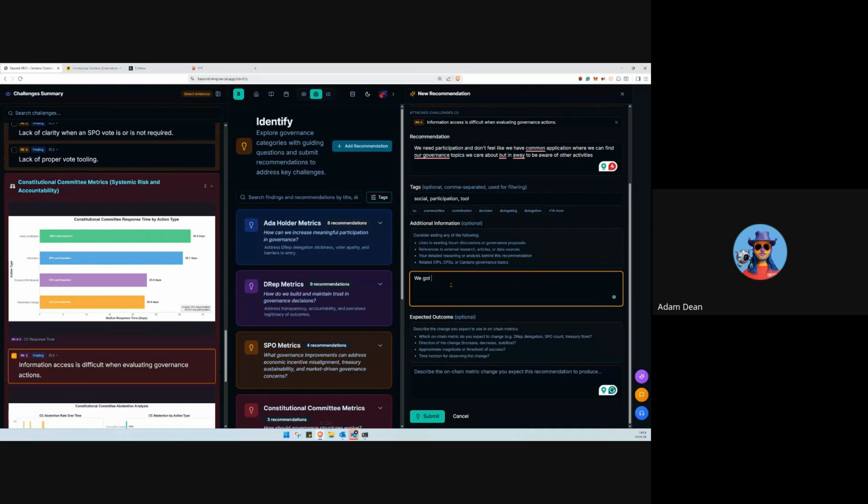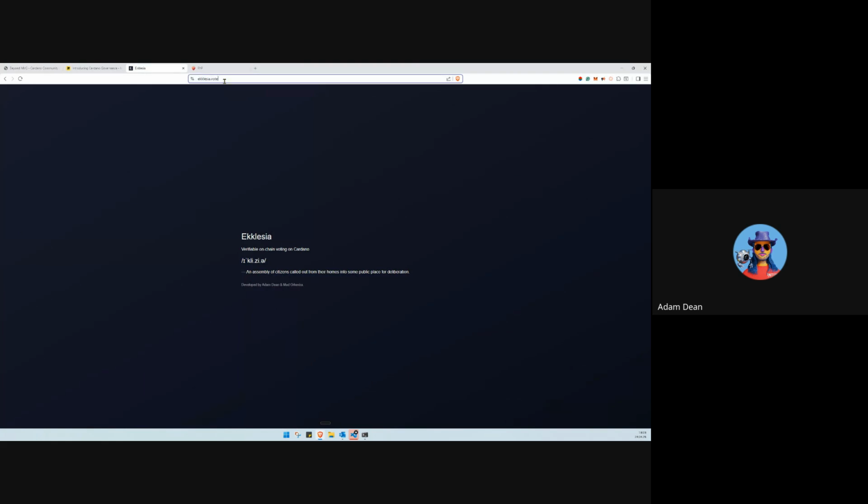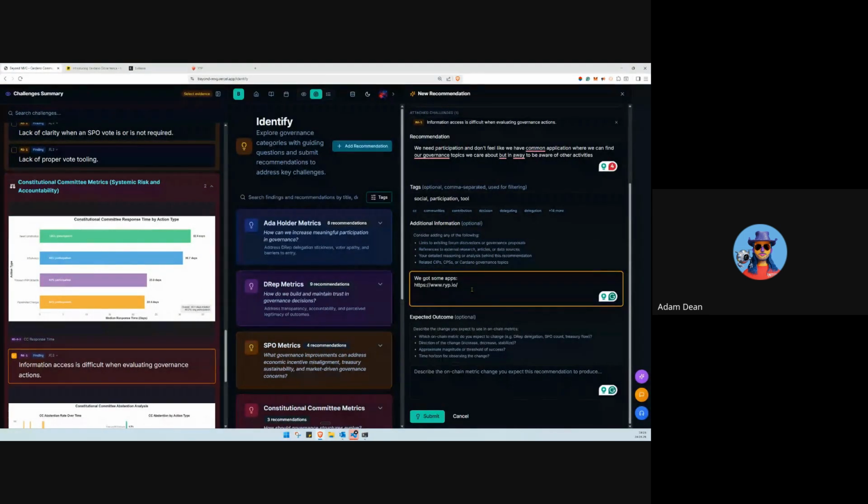Particularly, I think that's because we've only had about 3 governance actions that SPOs were actually required to vote on. So nobody's gone to the depth of figuring out how to alert particular groups that their vote might be required. But that could be a great feature add for something like RYP or Constitution or the GovAction bot.